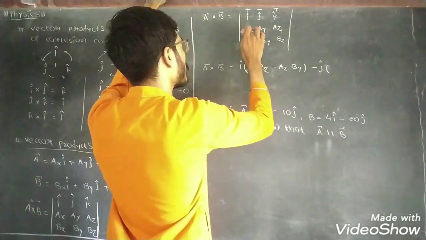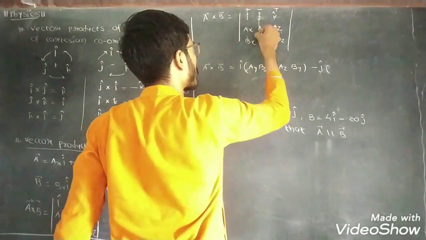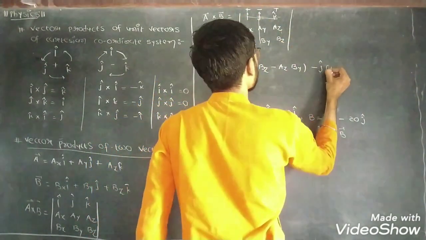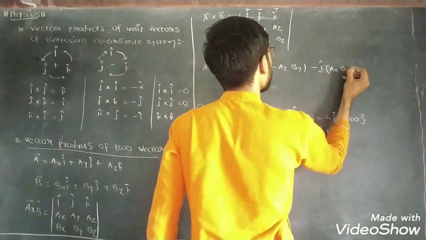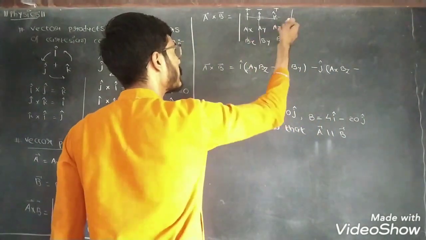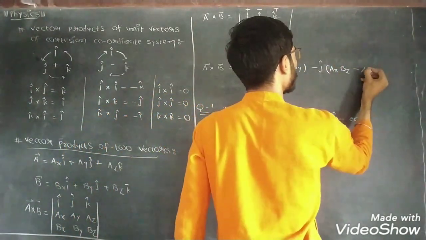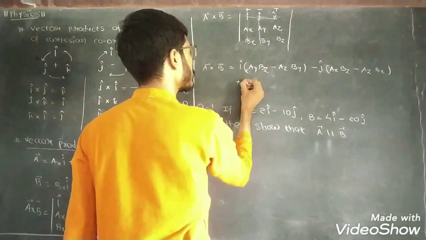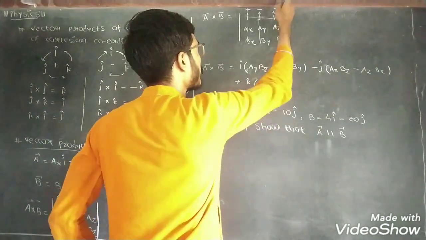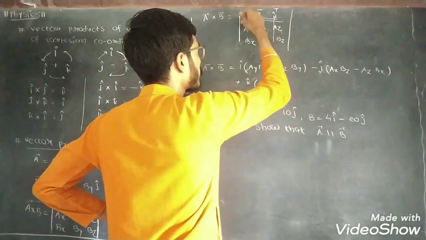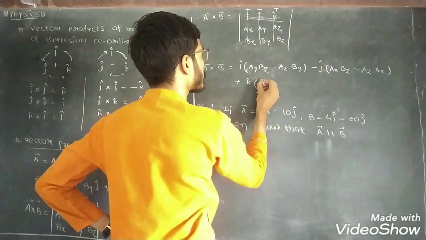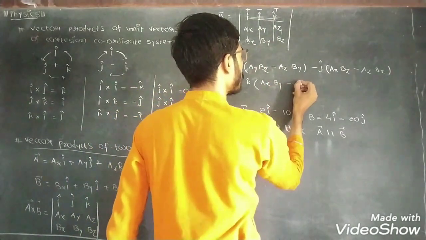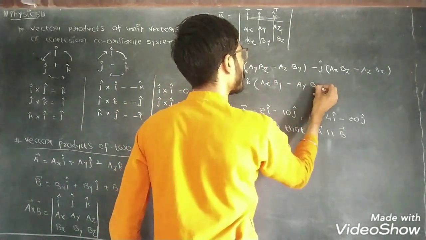Again cut the column and row. Cross multiplication: ax into bz minus az into bx. Plus, here k caret is plus, so plus k caret. Cut the row and column. Cross multiplication: ax into by minus ay into bx.